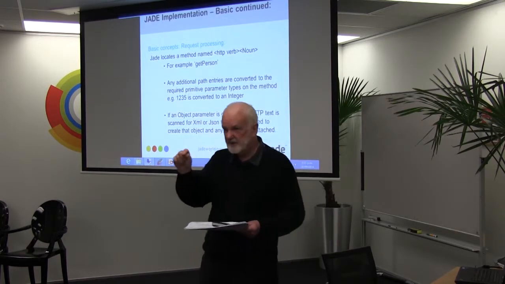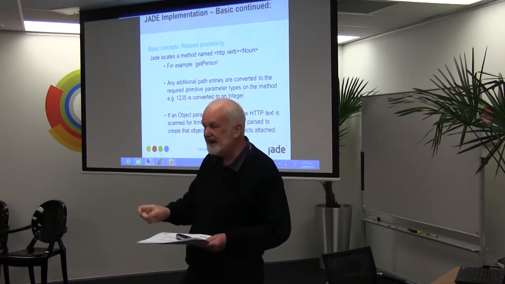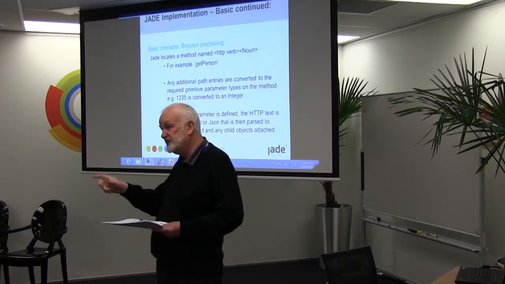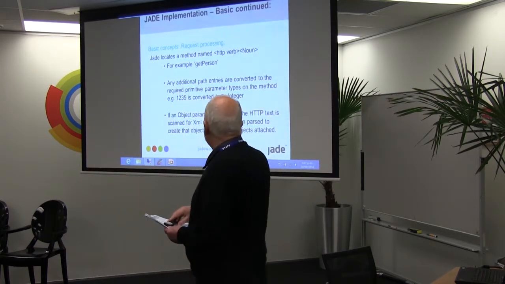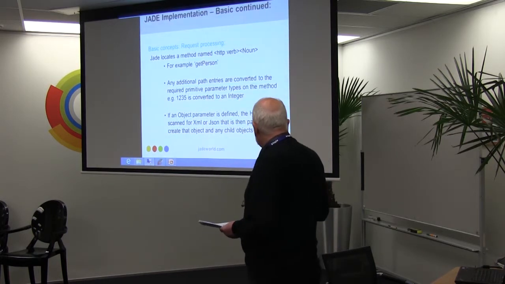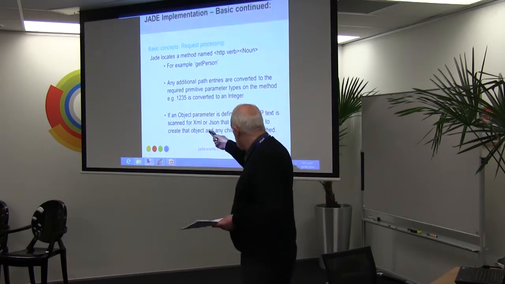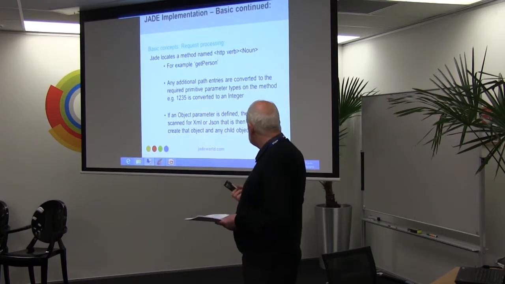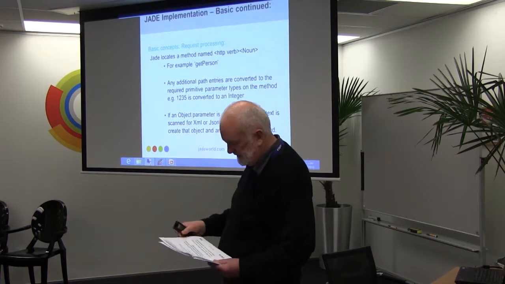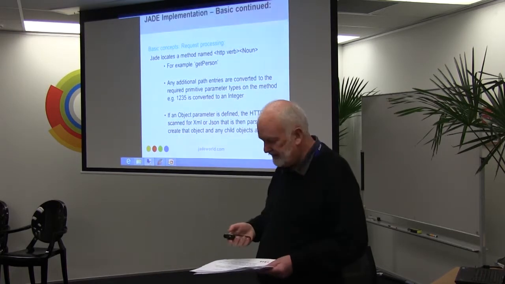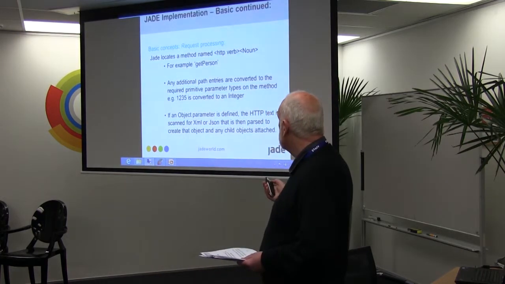So Jade will go through each parameter type and say, okay, I'm expecting an integer, convert the string to an integer, and make sure it is an integer, and so on. And when it hits an object parameter, it will go looking for the JSON or the XML to be parsed and to be created into that object with any child objects that are also attached to that.